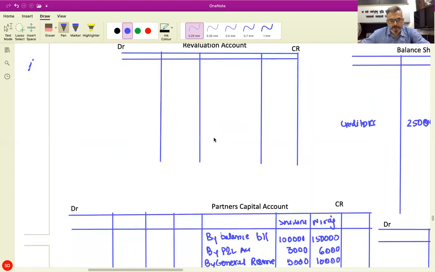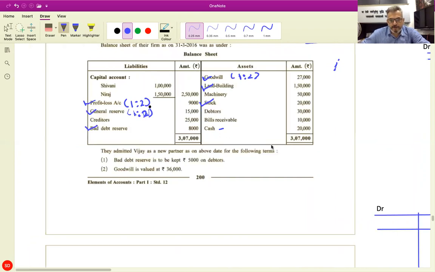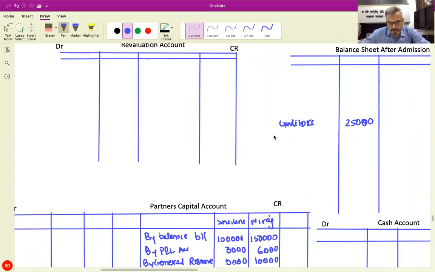Creditors 25,000. Bad debt reserve 8,000, inner column.